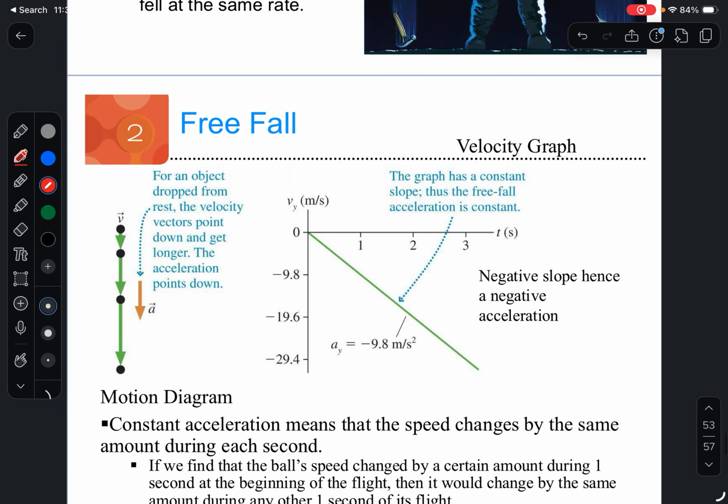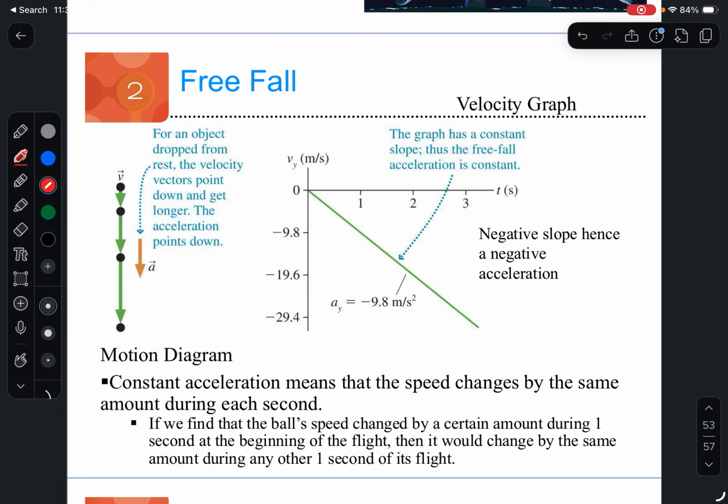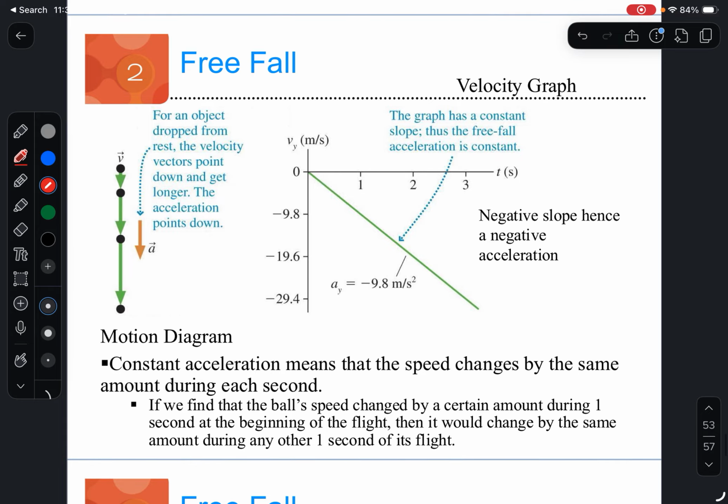When we look at free fall in terms of a motion diagram, we see that for an object dropped from rest, your velocity vector is pointing down, that's your green one, and the orange is your acceleration, it's also pointing down. Now notice how your velocity vectors get longer as they go down. If you graph it, notice you come up with a negative slope, and therefore you have a negative acceleration.